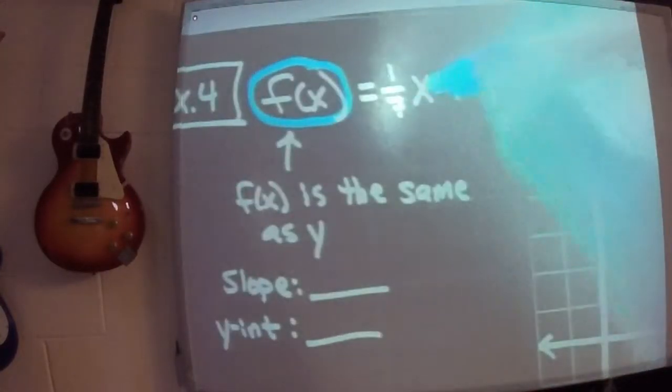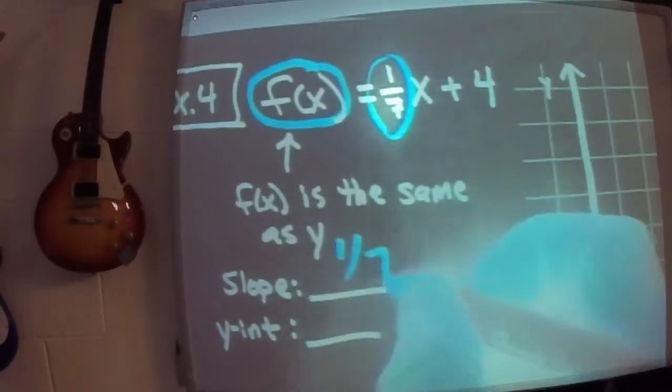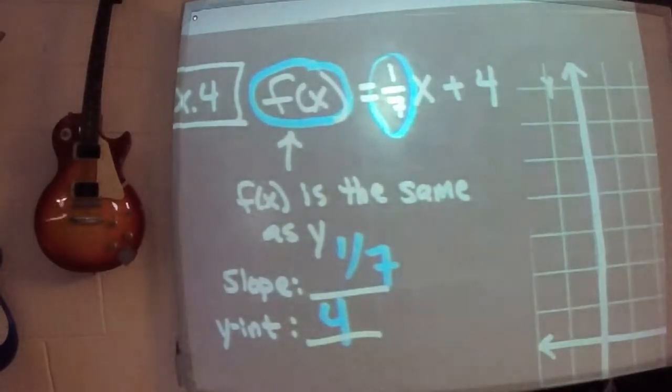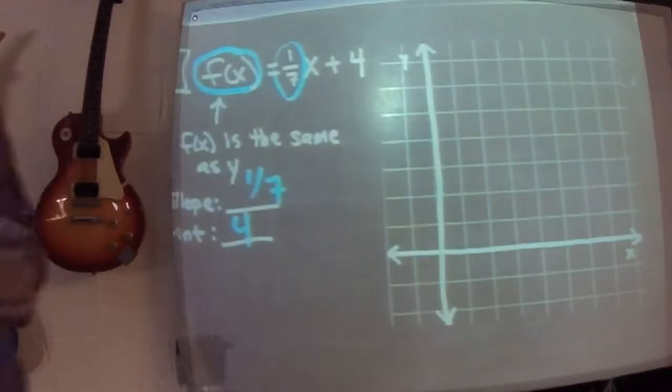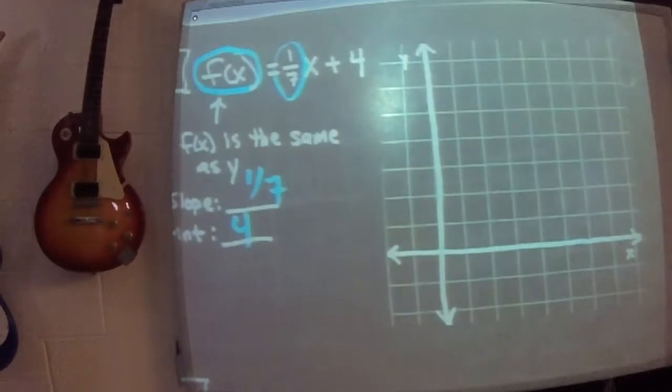What's your slope? 1 over 7. And what's your b? What's your y-intercept? 4. Your b is 4. So where am I going to start? Go up 4 and put a dot. There's where you start.